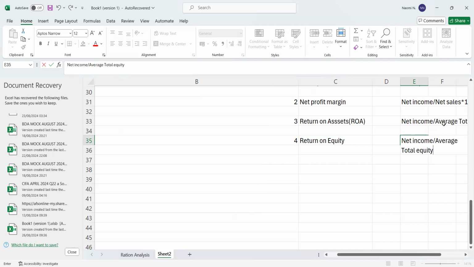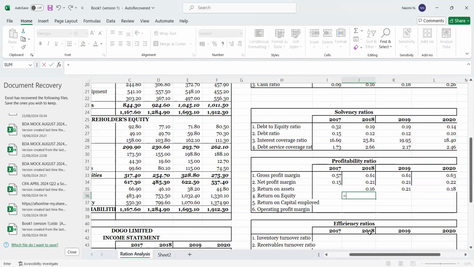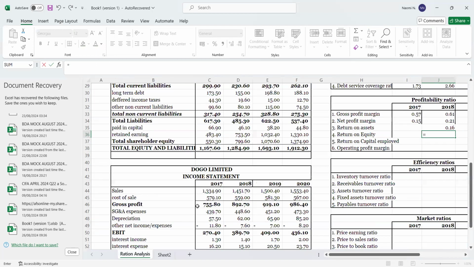It indicates how effectively the company utilizes shareholders' equity to generate profit. It just measures how the organization is using the shareholders' equity to generate income. And this is how we will be able to calculate it and measure it.